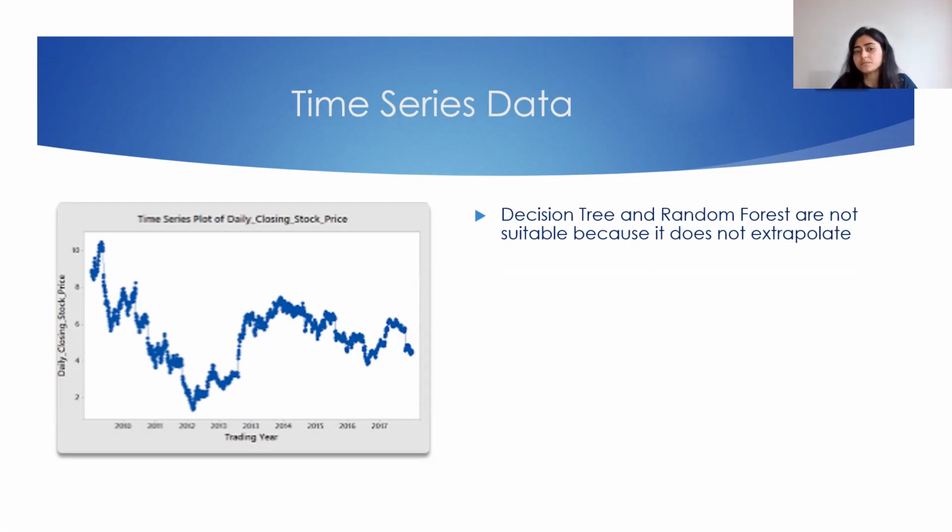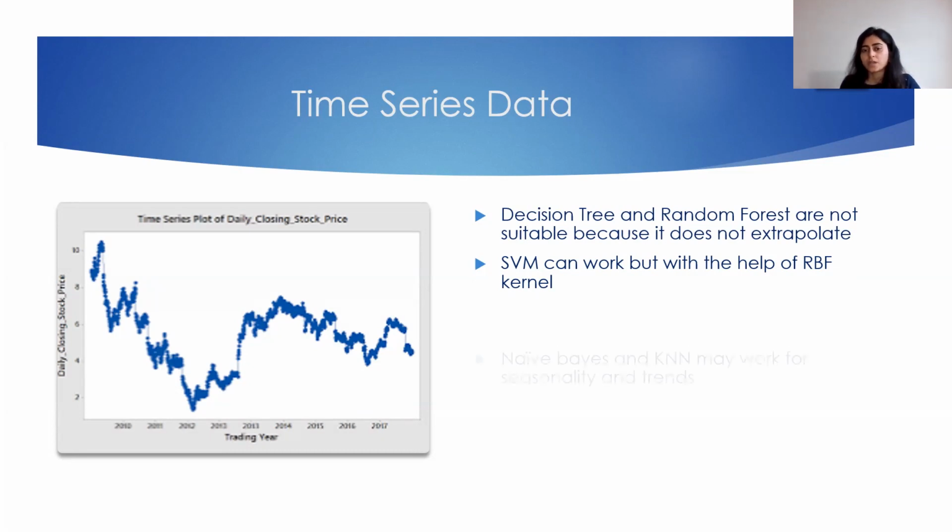If we talk about machine learning algorithms, decision tree and random forest are not very suitable for time series data. But SVM can work with time series data, because we have a hyperparameter tuning option where we can change the kernels, so we can test the kernels to check whether it works with the time series data or not.